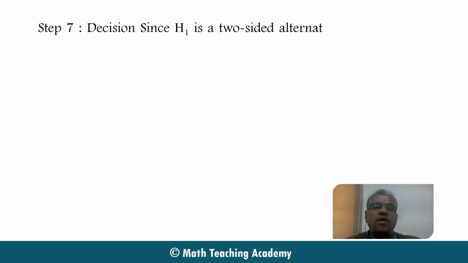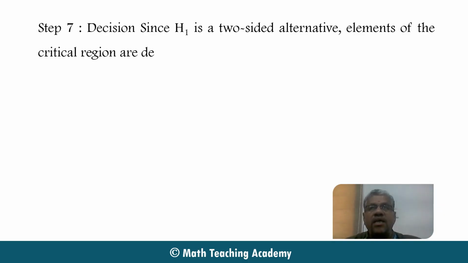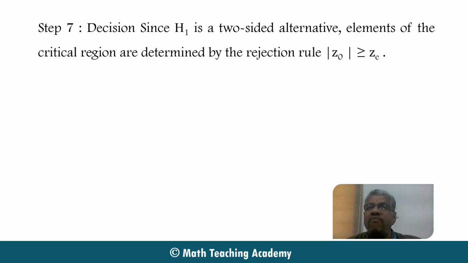You can see the statistical table for Z test. Therefore, the calculated value 3.33 is greater than the tabulated value 1.96, which means we have to reject the null hypothesis.